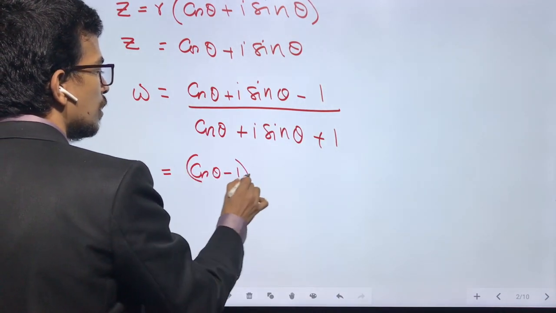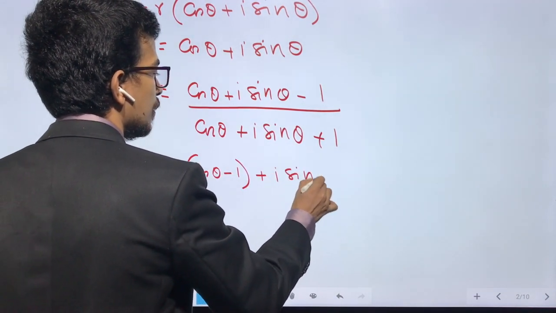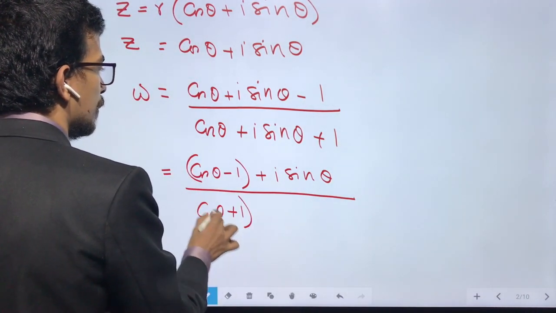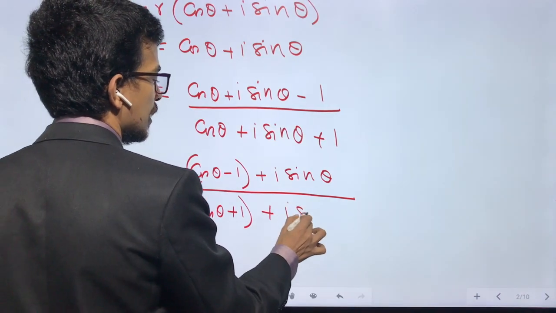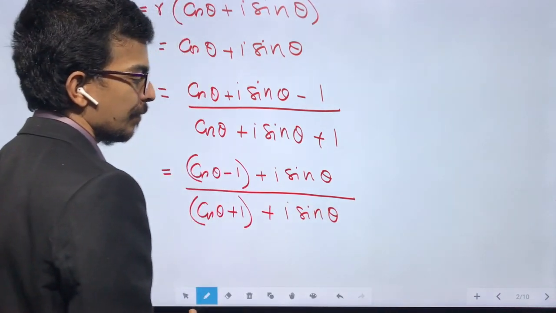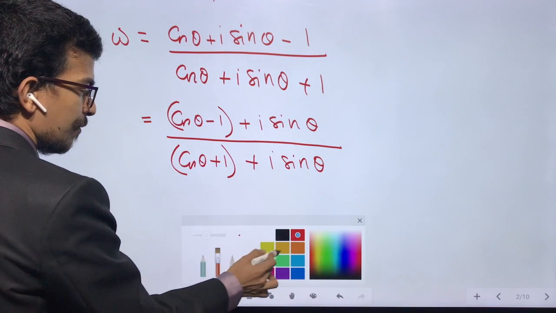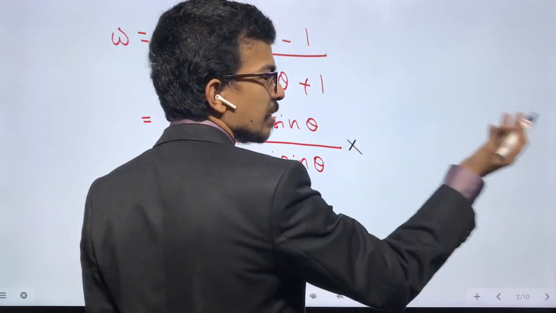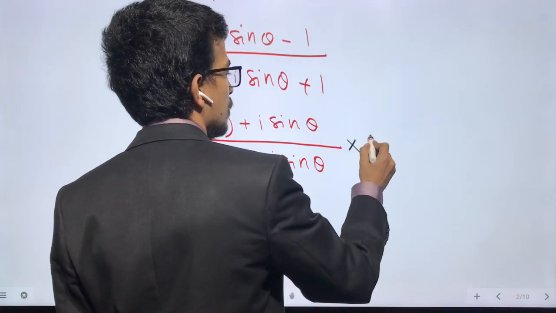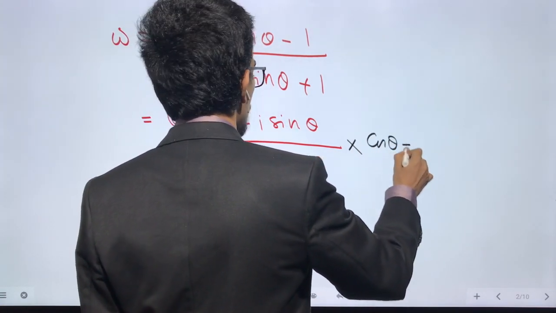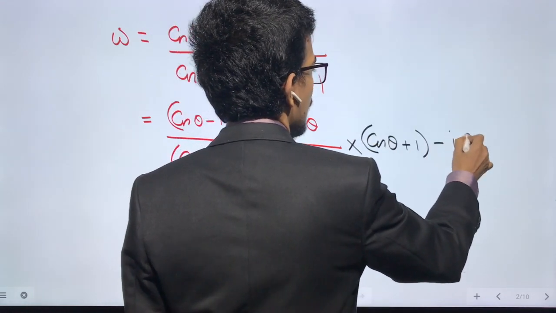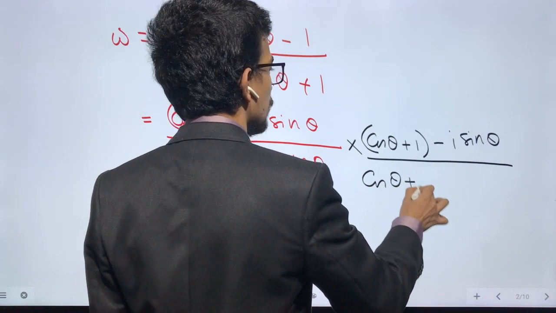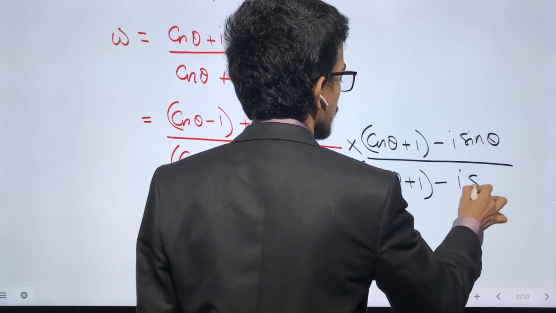Cos theta minus 1 plus i sin theta divided by cos theta plus 1 plus i sin theta. And we need to multiply with the conjugate of the denominator on both numerator and denominator to extract its real part and imaginary part. So this becomes cos theta plus 1 minus i sin theta divided by cos theta plus 1 minus i sin theta.